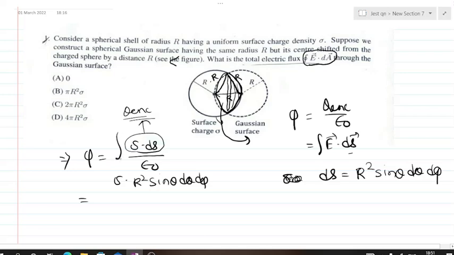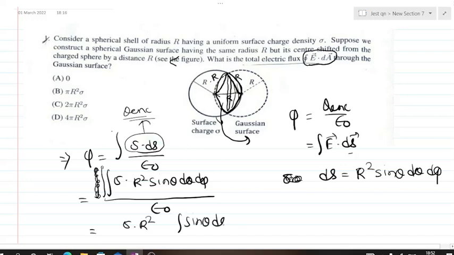We have to take the surface integral, sigma divided by epsilon naught, of sin theta d theta d phi, and the phi integral will be 2 pi.